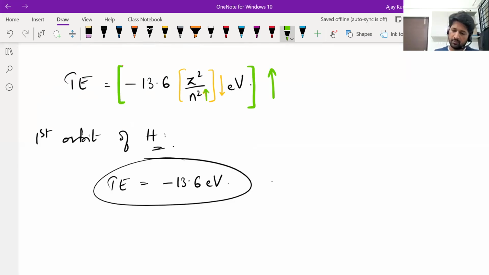Fine. That means the higher the orbit in which the electron revolves, greater its total energy. Okay. So n is equal to 1 corresponds to the least energetic state of the electron, least energetic orbit of the electron. Okay. So generally, n is equal to 1 is called the ground state.